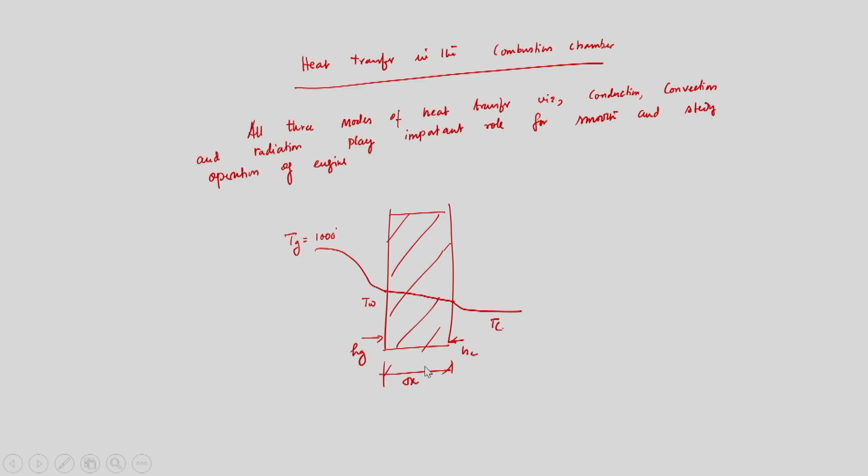This is the cylinder wall, with thickness delta x. The combustion temperature is 1000 degrees Celsius, from that the temperature at the wall is near about 190 degrees Celsius, and on the outside it is near about 105 degrees.